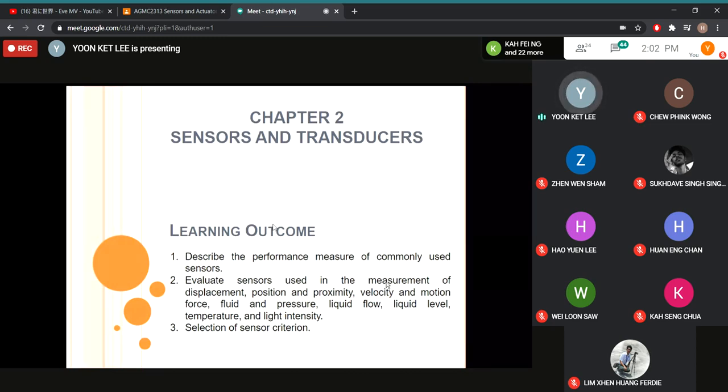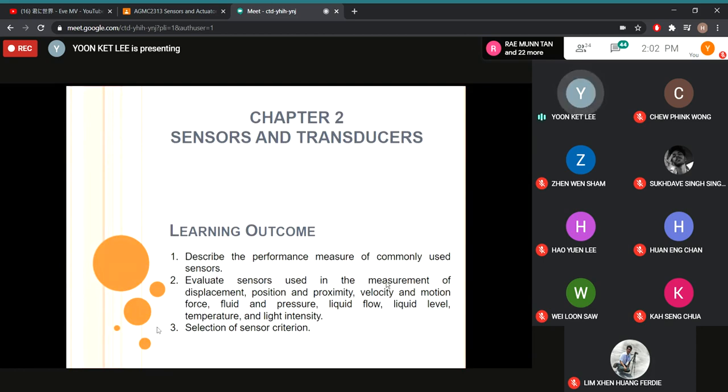First of all, be able to describe the performance measures of the sensor. You also need to evaluate the measurements and know the difference between displacement, position, proximity, velocity, and motion. All this is where we use sensors to do the tracking.